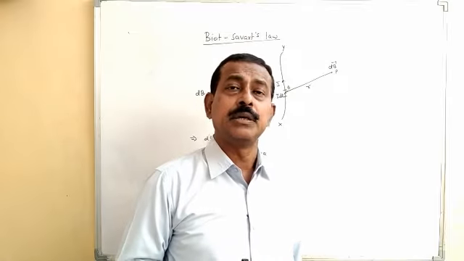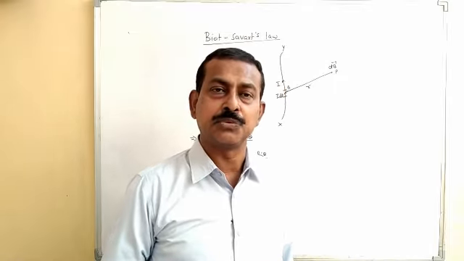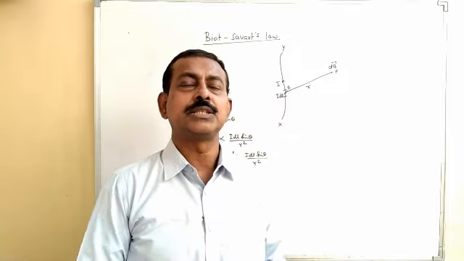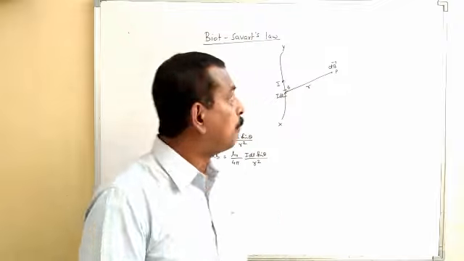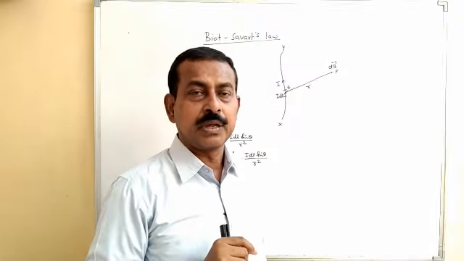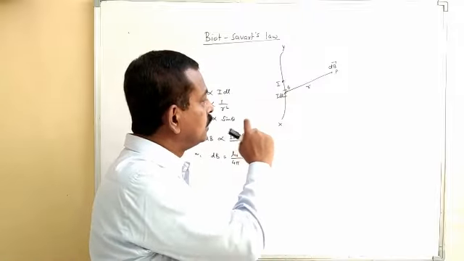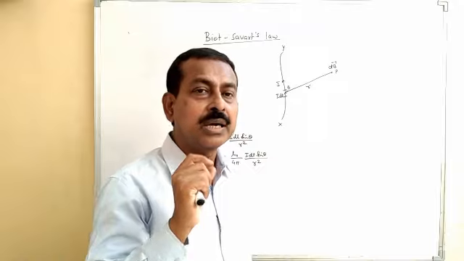After Oersted concluded that electric current produces a magnetic field, different scientists started working on that magnetic field. Biot and Savart together gave the law for the magnetic field produced due to a current element.